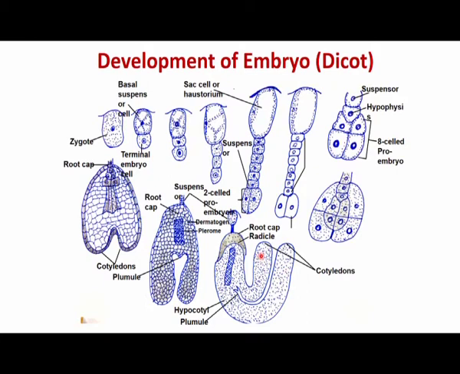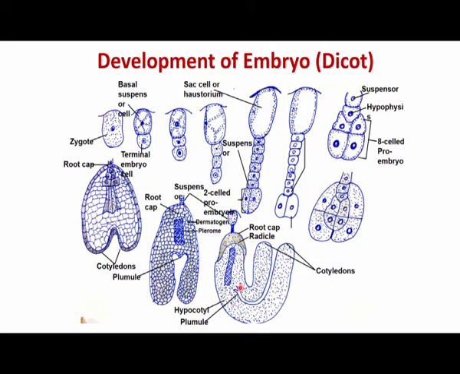In dicot plants, 2 cotyledons develop and it becomes a heart shaped embryo. Cotyledons grow rapidly, whereas a few cells between the bases of the 2 cotyledons differentiate to form a dome shaped plumule. The plumule is what gives rise to the stem in the developing plant.